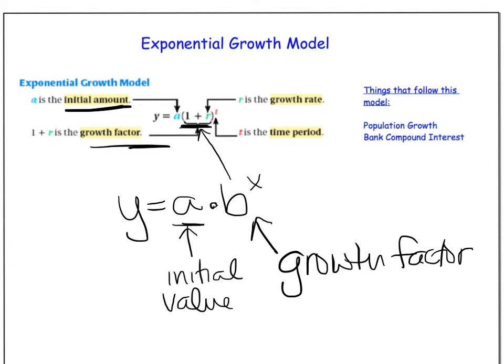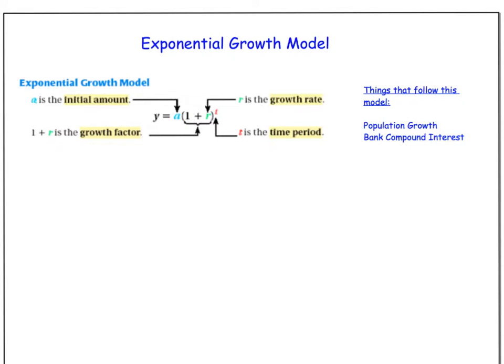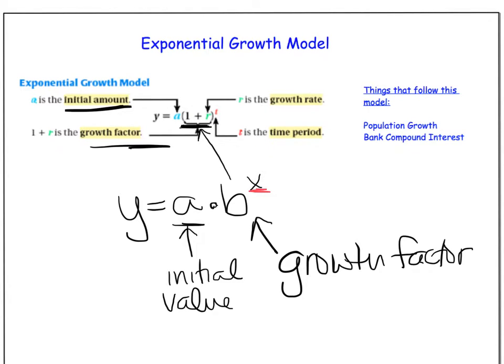The exponent t here in red is a time period when in general it's just a variable x. So nothing has really changed here except that b, the growth factor, was replaced with 1 plus r. Now inside that parenthesis, the r stands for the growth rate, and that rate is usually a percentage.